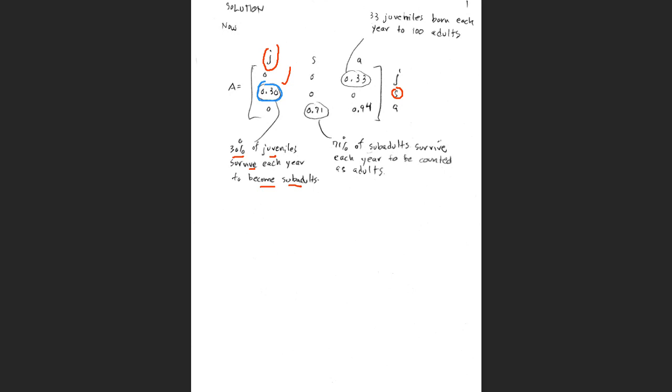And a subadult can become an adult with a 71% chance, but we don't want to really think of probabilities here, because the entries in each column don't add up to 1. So we don't think of these exactly as probabilities.